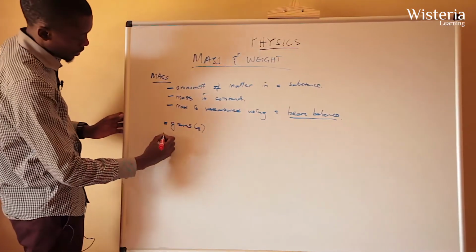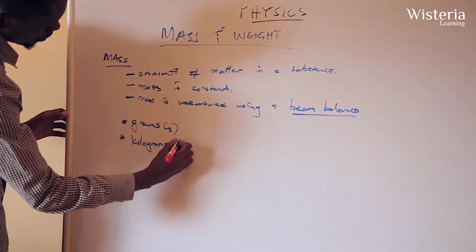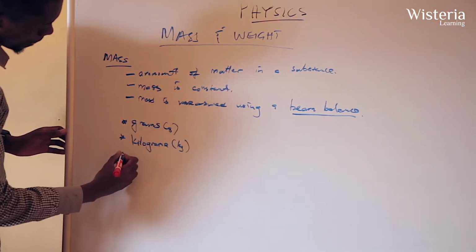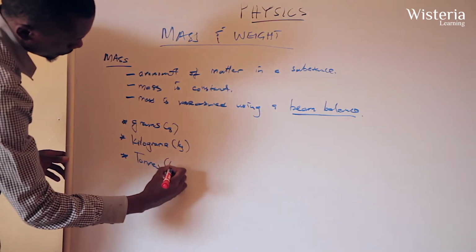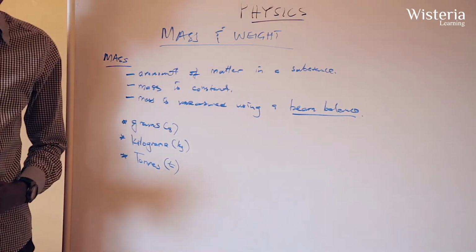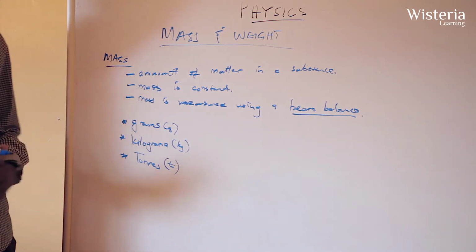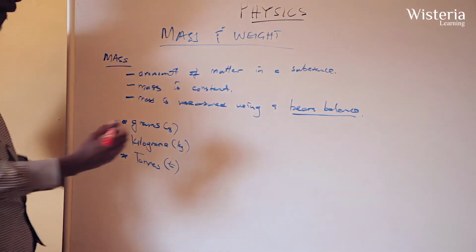We can measure mass in kilograms, kg, and finally in tons. So these are the three important units according to the exam in which we can measure mass, and we should state how they are related.